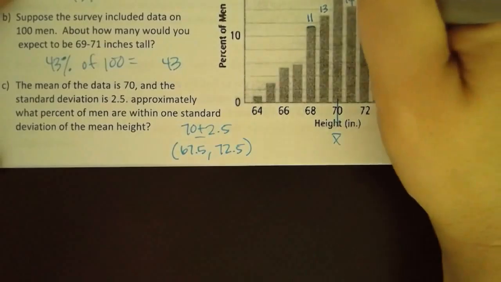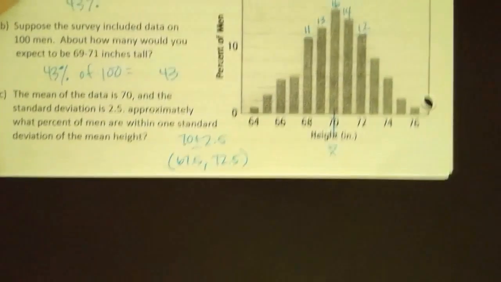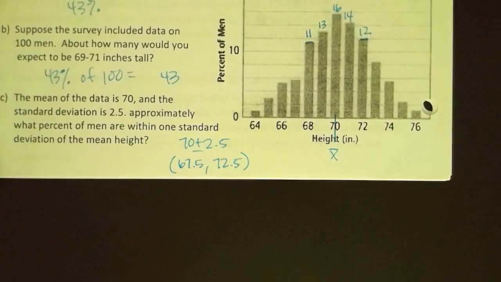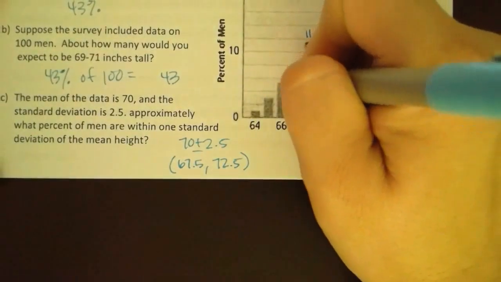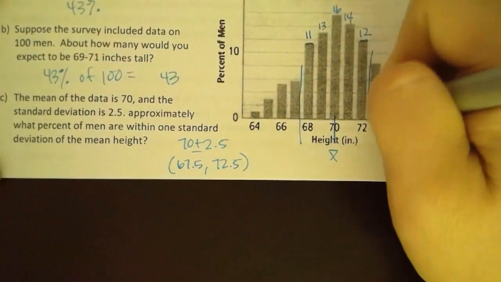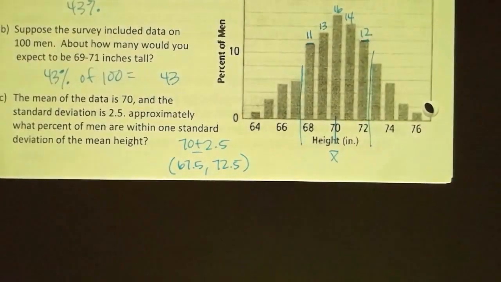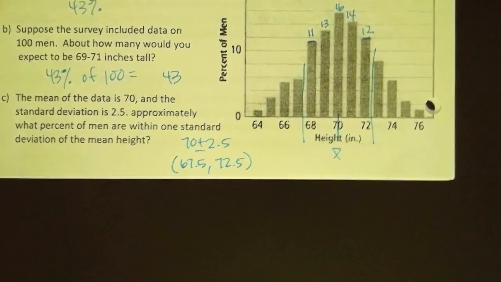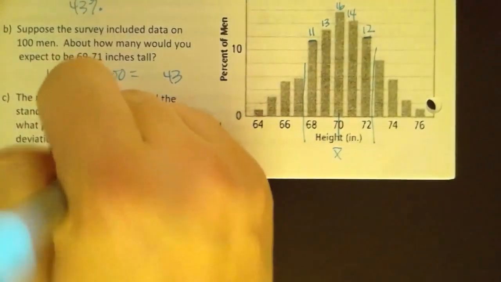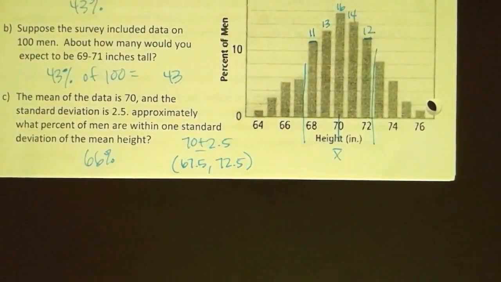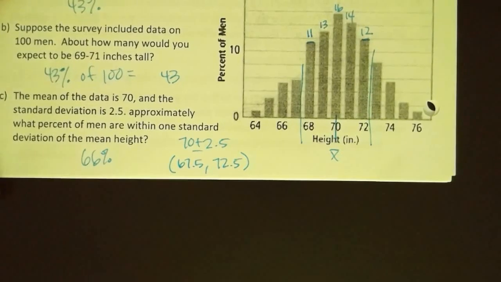The 72 is at about 12. So this would be one standard deviation on both ends. What percent fall in that? Add them up, we get 66%, which is pretty close to what we expect, right? 68, 66. Great, that's all we're doing today.